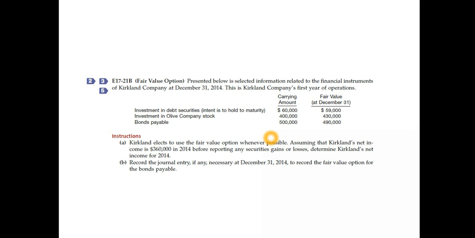Now, down here in the facts, we're told that the company elects to use the fair value option wherever possible, and that right now, before it prepares any sort of adjusting journal entries, the company's net income is $360,000. So, with all of these facts, what are we supposed to do? Well, if you look at the 2 securities that we have plus the bond payable, each of these represents a separate financial instrument.